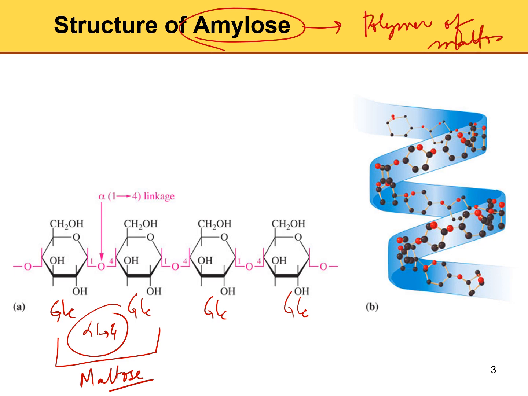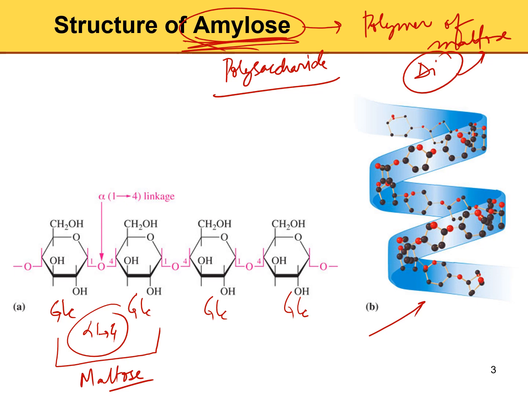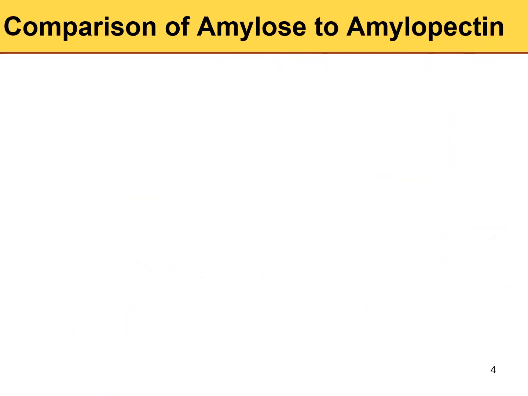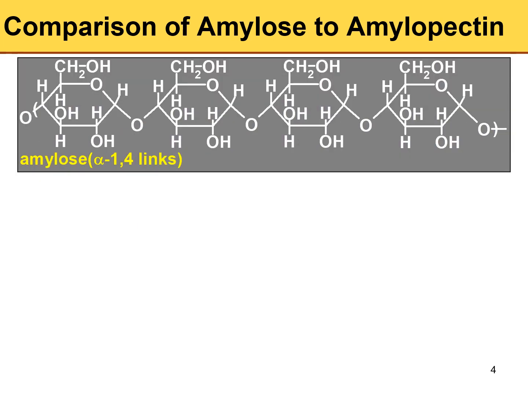That's another way of looking at it, and it's a linear chain, a bunch of glucose units linked together by alpha 1,4. That's called amylose. So again, amylose and maltose are not the same. Maltose is a disaccharide, and amylose is a polysaccharide. But again, amylose is not starch. Starch has two components, so amylose is just one of the components of starch. The other component is amylopectin.